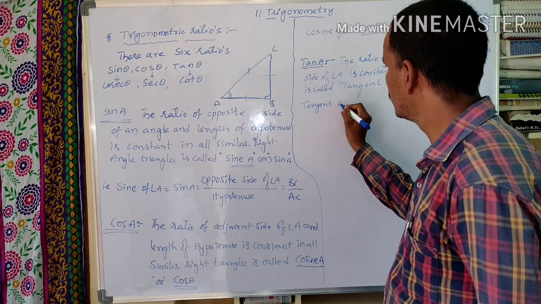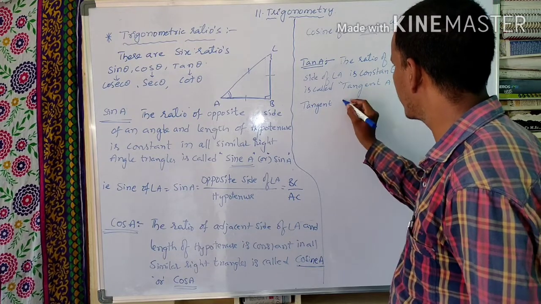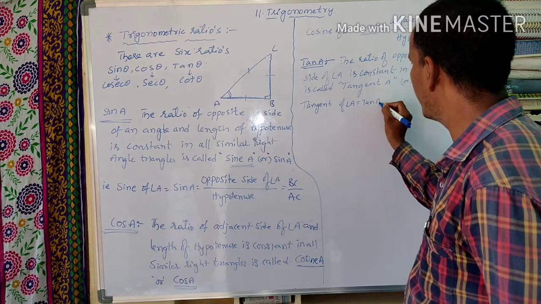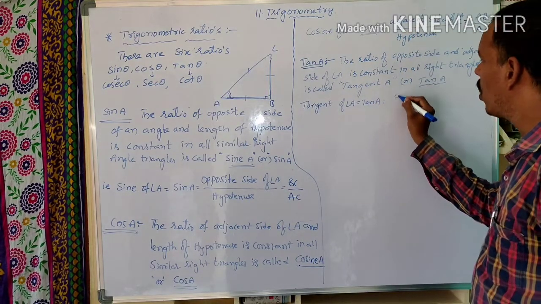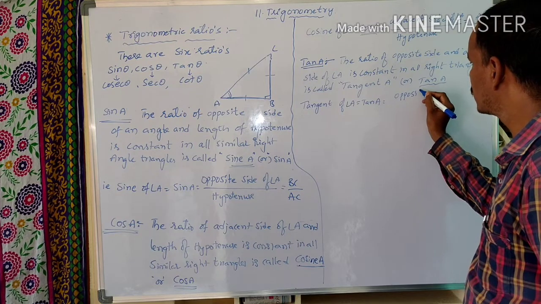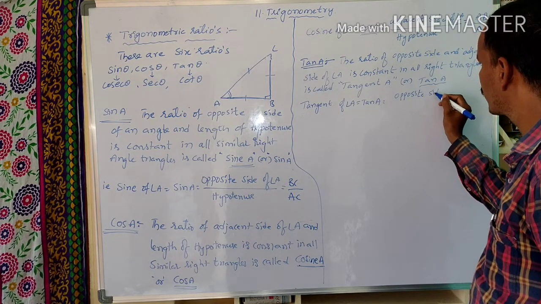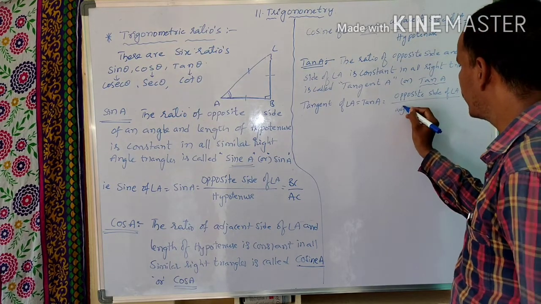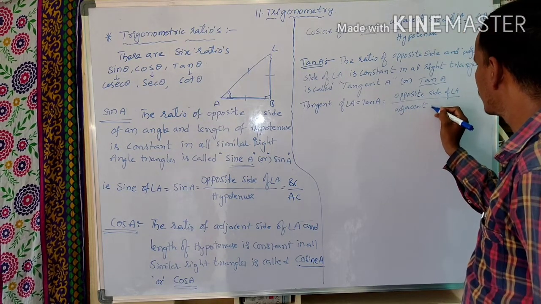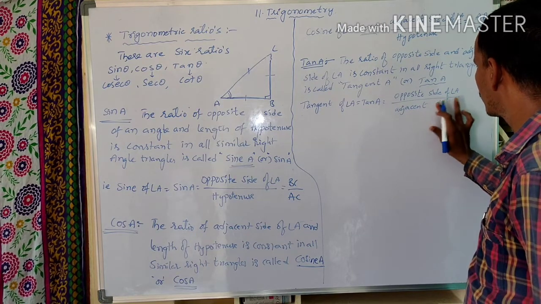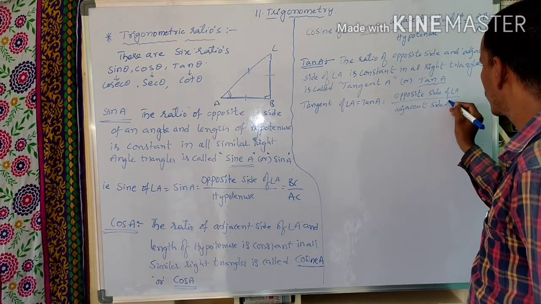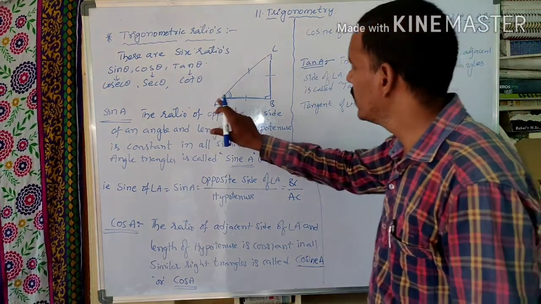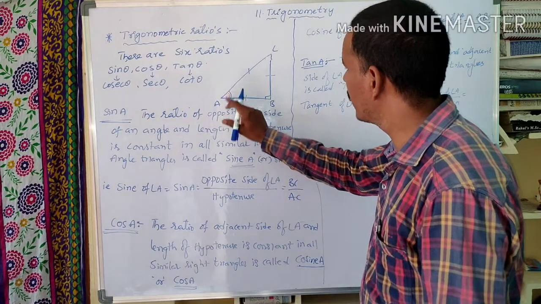The tangent of angle A, tan A, is equal to the opposite side of angle A by the adjacent side of angle A. So what is the opposite side of angle A?